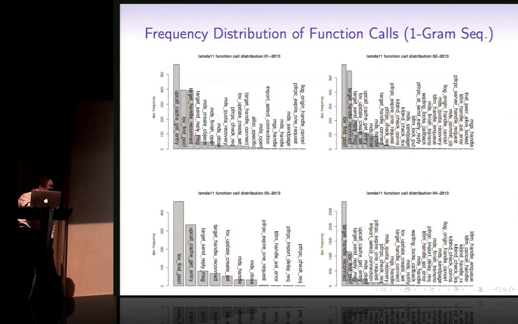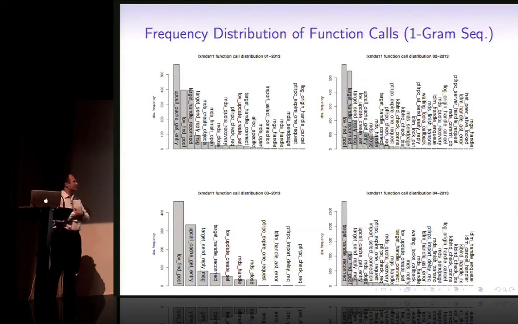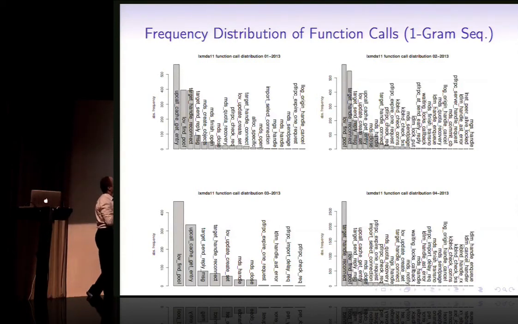Here are the first results. I take our logging data and extract only the machine name LXMDS11, that's our MDT server, for January 2013. I looked at how many entries there were, extracted the function calls, and plotted the distribution.